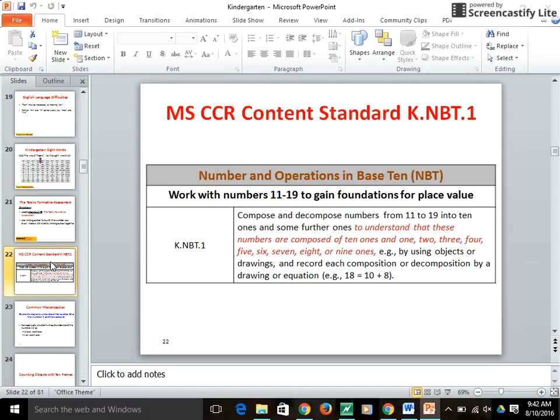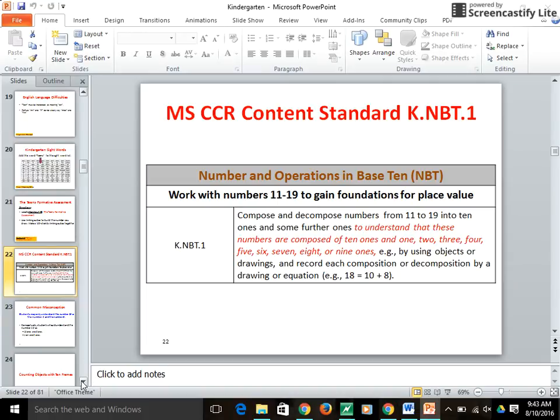Our next standard I want to look at is KNBT 1, and this will actually help you support that comparing numbers. But just understanding numbers 11 to 19 when we compose and decompose, it's fine when you decompose 11 if you wanted to eventually decompose it into 9 and 2, but what we really want to do is let them understand that if you're decomposing 11, that's a 10 and a 1, or if you're doing 12, that's a 10 and a 2, and that these numbers are composed of a 10 and some 1s, and really understanding place value. 10s and 1s is what this standard is all about.